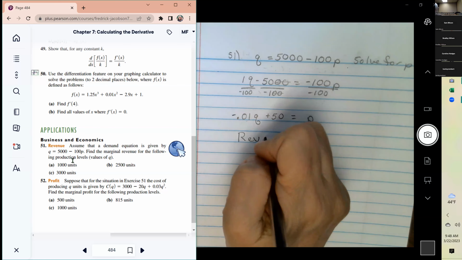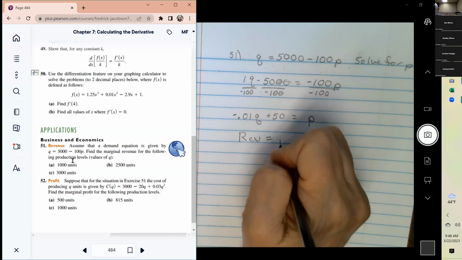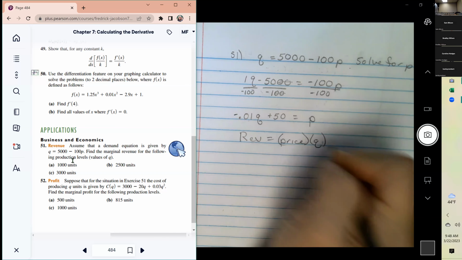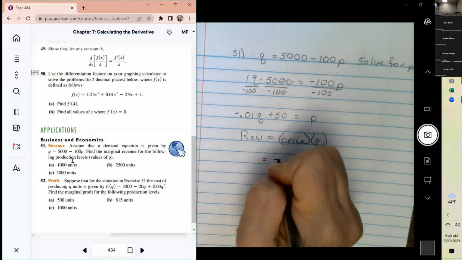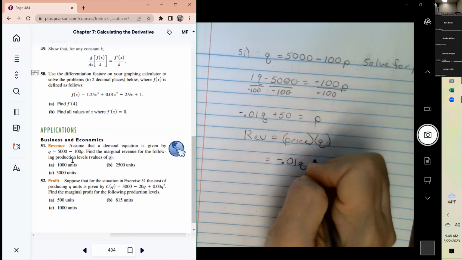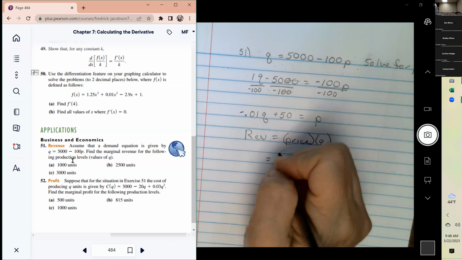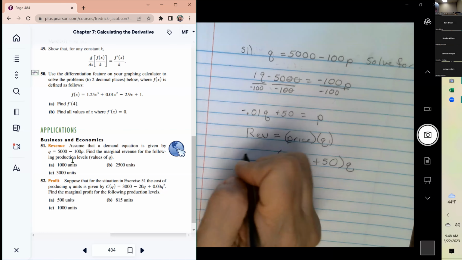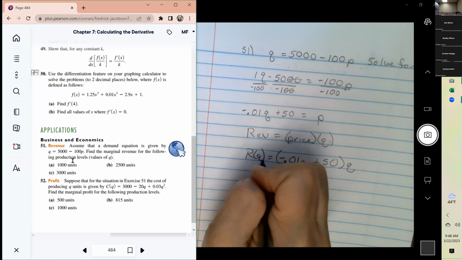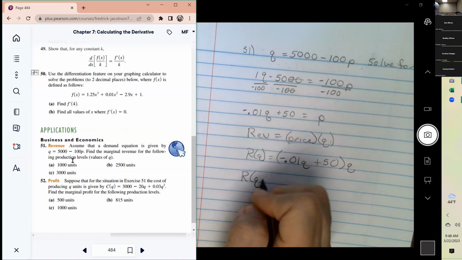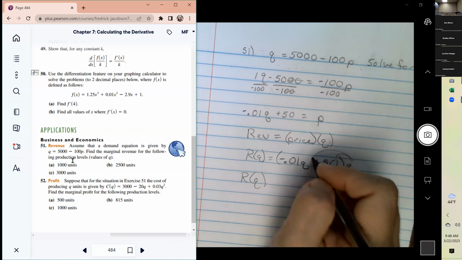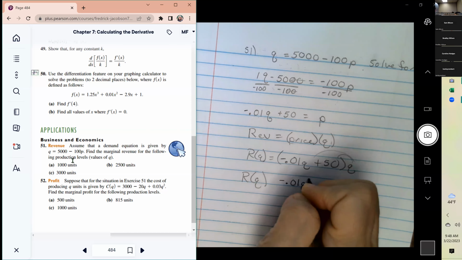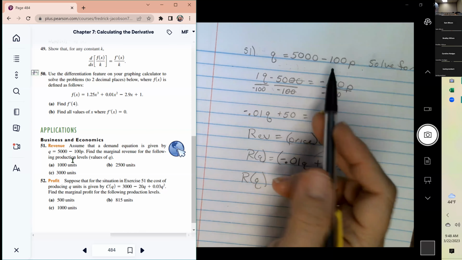Revenue is your price times your quantity. Negative 0.01 Q plus 50, times Q. Distribute your Q. So I told you that this revenue is price times quantity.